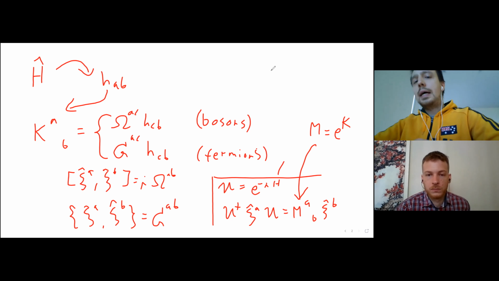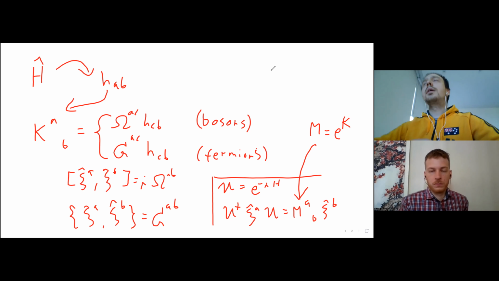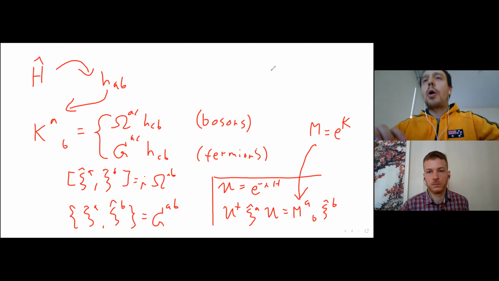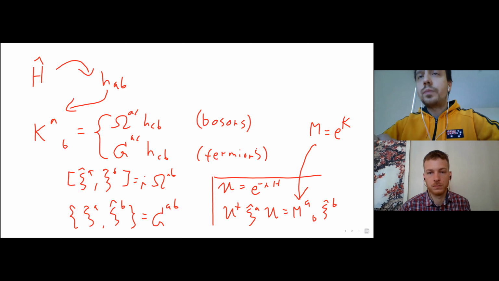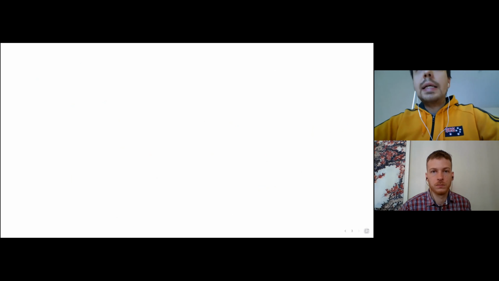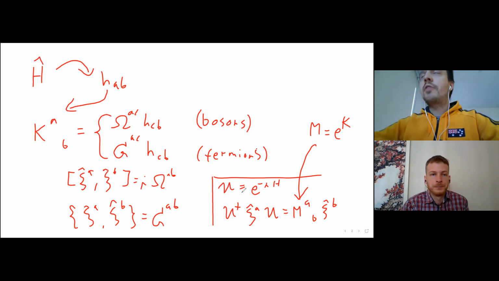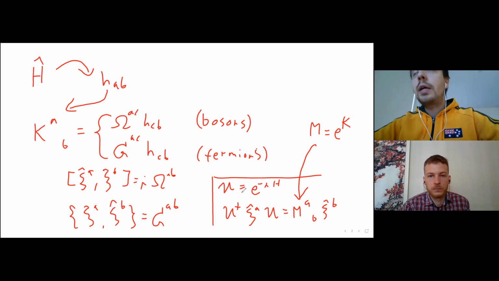As K is an element of the symplectic or orthogonal Lie algebra, this M, as the exponential, is a proper group element of the symplectic or orthogonal group. So these transformations U are called Gaussian transformations. They are the transformations generated by quadratic Hamiltonians.